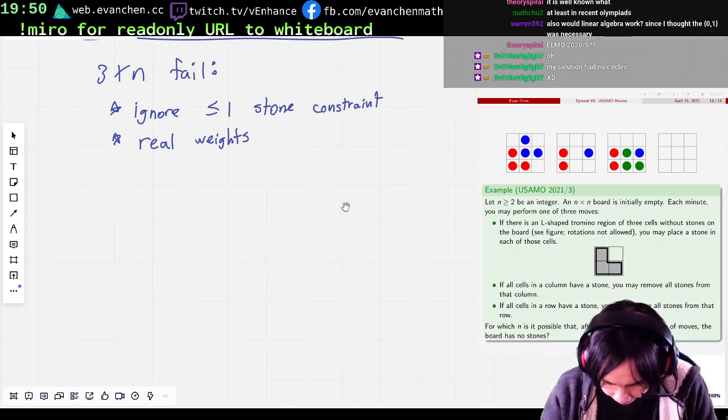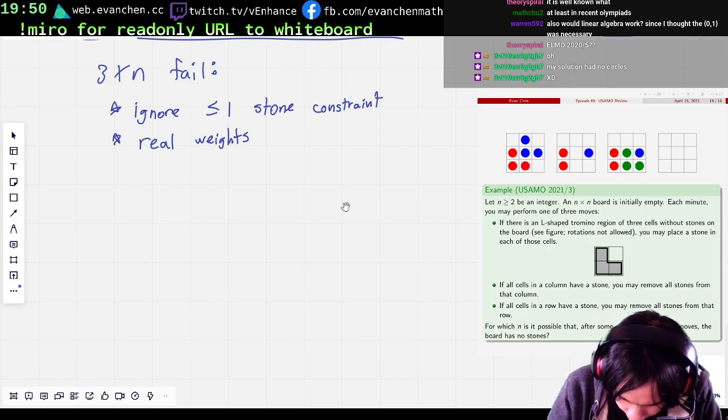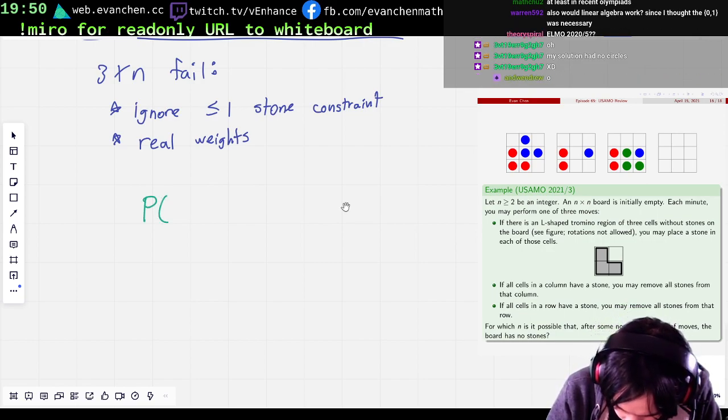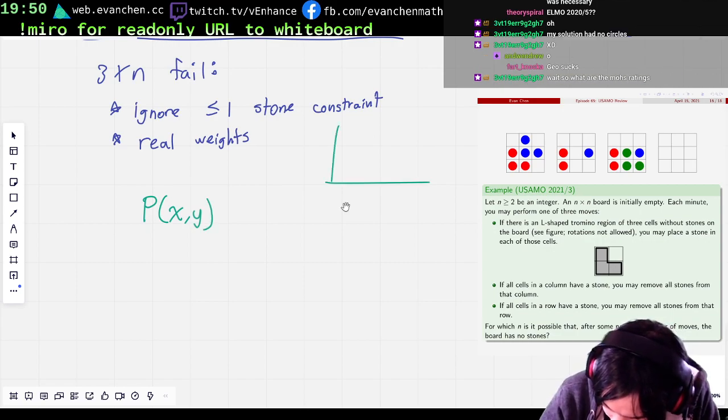Okay, so what's going on? In the problem, if you let p of x, y, we'll do a generating function in the following sense. This is x to the 0, y to the 0. This is x to the 0, y to the 1, and so on, up to x to the n minus 1, y to the n minus 1.